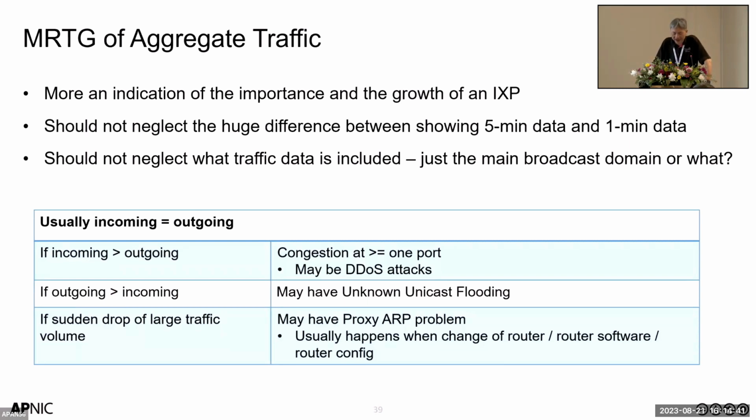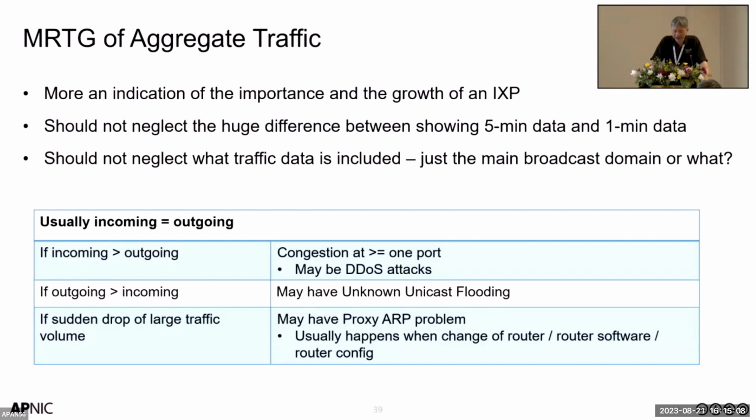But there are a lot of insights that you can see from the graph. Let's say, for example, you add all the incoming traffic from all the ports together to have an aggregate number, and then another one for the outgoing. And supposedly, incoming should be the same as outgoing. Traffic will go in and then go out, right?